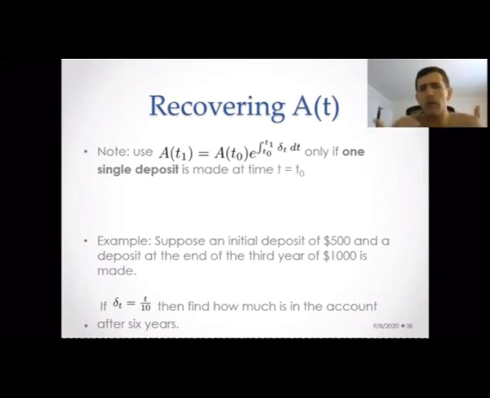And then we look at by itself our 1,000 deposit at the end of the third year, which is right when t equals 3, and see what happens from the end of the third year to the end of the sixth year from that 1,000 deposit. We do that separately so that we're not violating this general rule of thumb.